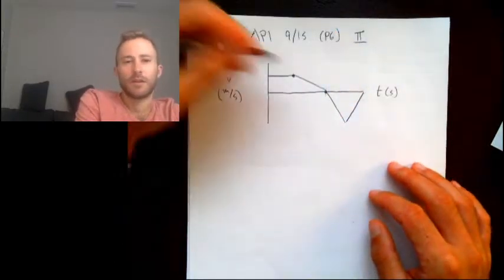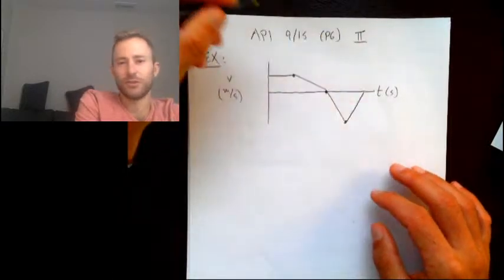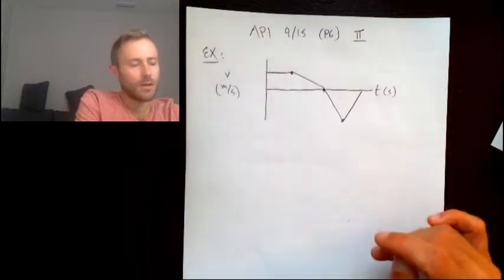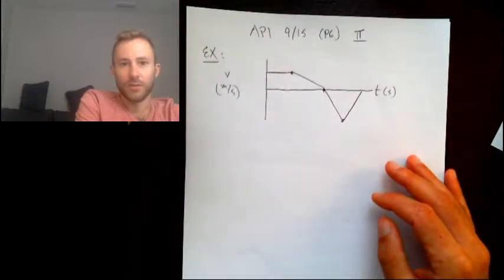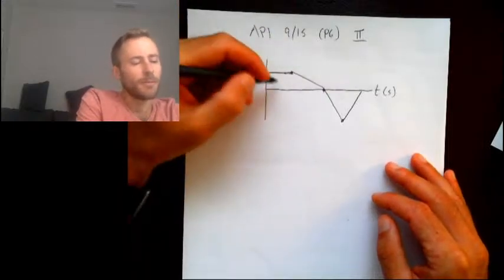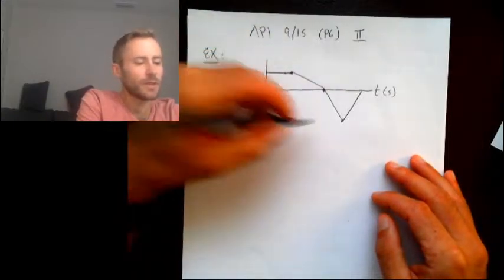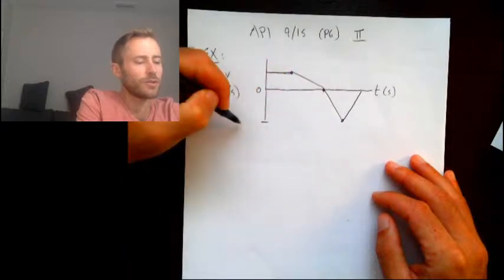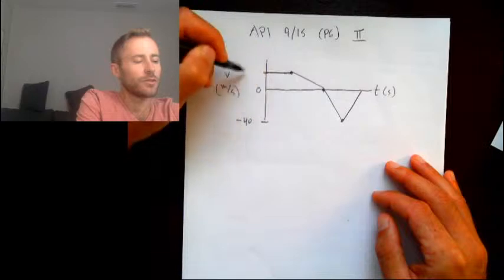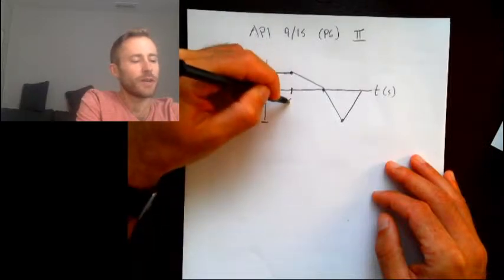So this graph has too many features, so I'm not going to ask us to describe it qualitatively, but we are going to do some calculations with it. So let me put in some numbers here. Here's velocity 0. This velocity corresponds to negative 40 meters per second. This corresponds to plus 20. This is 5 seconds.